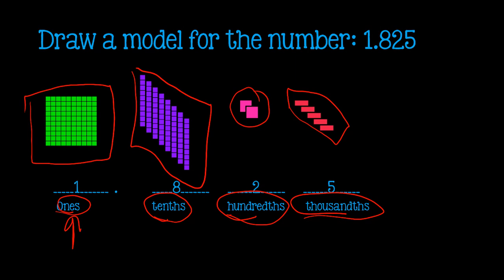Now, if I asked you what the value of each of these is, you would say it's 8/10ths, 2/100ths, 5/1000ths. But if I'm asking you for the place value, it's just what position they hold in the number. We have our wholes, our tenths, our hundredths, and our thousandths.